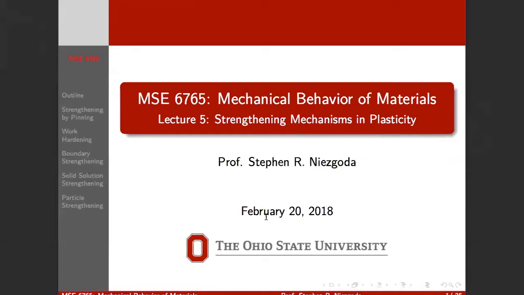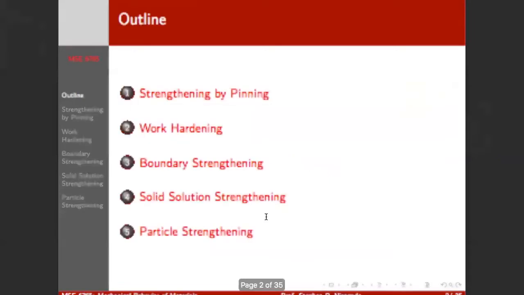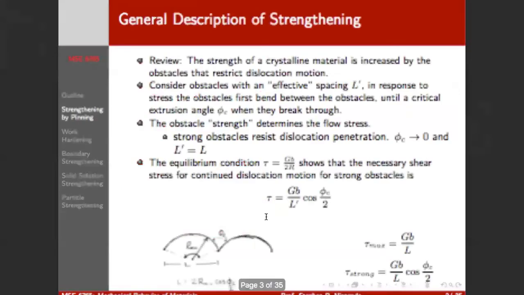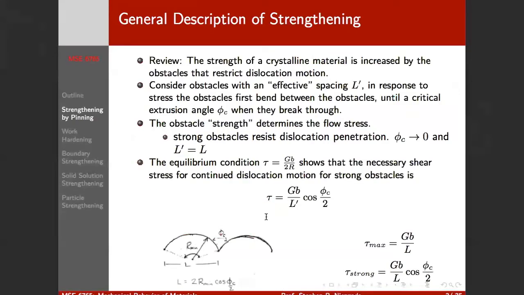An alloy that contains precipitates will tend to be stronger than a solid solution strengthened alloy. There are exceptions here, but these are the general trends. So the theme of the day is that the strength of any crystalline material is going to be increased by obstacles that restrict dislocation motion.